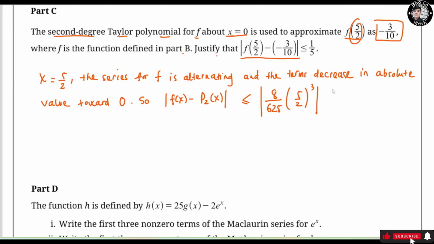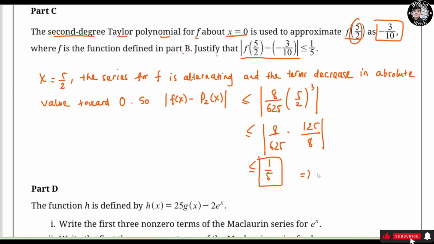Now we're going to simplify this one. It's actually equal to 8 divided by 25 times 125 over 8, right? And if you simplify, it's actually 1 over 5. And this has been verified.